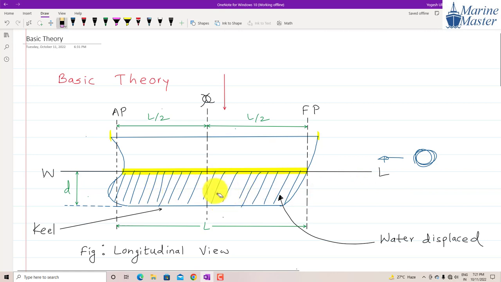Listen to my words carefully. What is happening? Water is displaced from this portion, and the place of water is taken by the ship. Now one important instruction for you guys, and one important assumption of naval architecture. In the entire study of naval architecture, our assumption is that our ship is a floating ship.